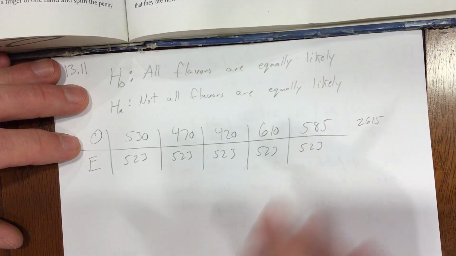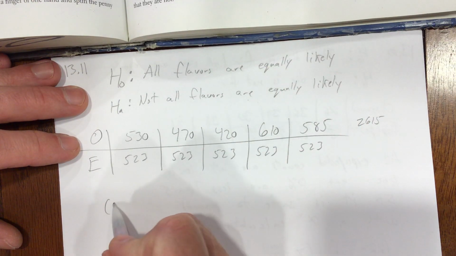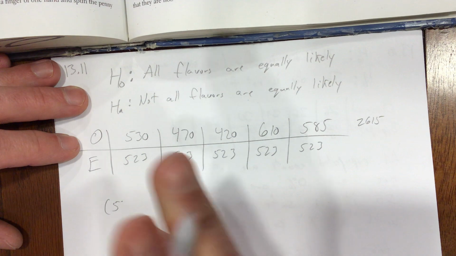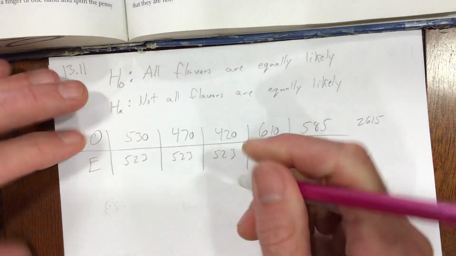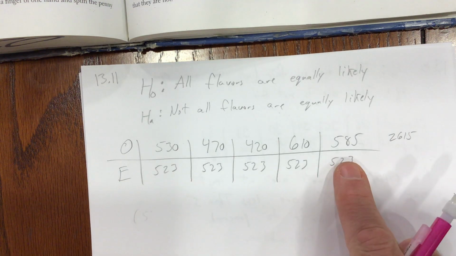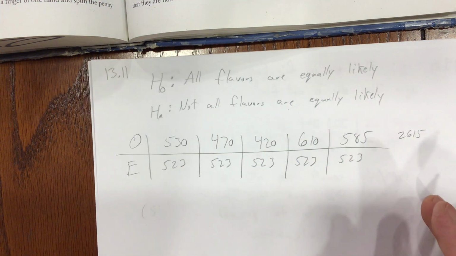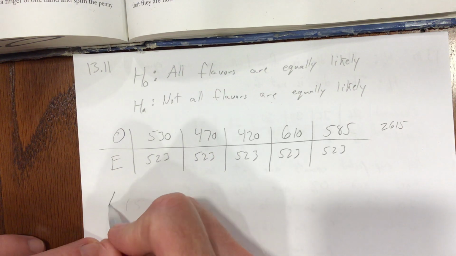And again, our work, we take our observed count. Oh, actually, before I do the work, check. Okay, all expected counts are at least 1 and 0% are less than 5.